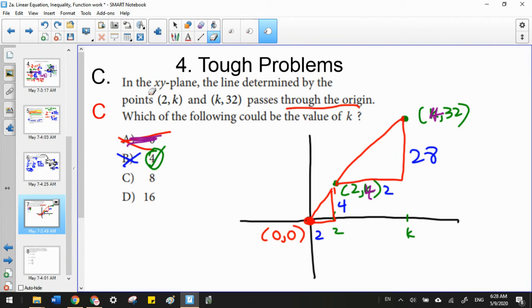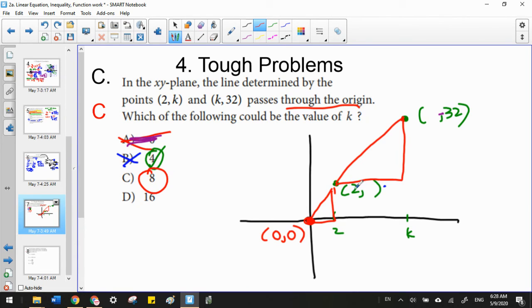So we're going to have to try a different one. And that is the name of the game. So now we'll try 8. And if I stick 8 in here and 8 in here, I know my vertical change is 8 and 2.